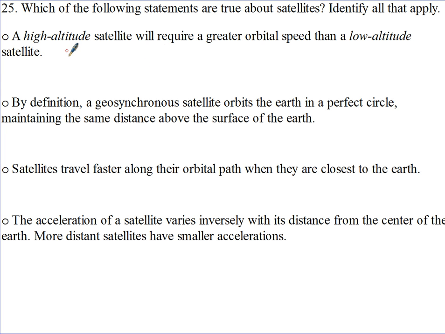A high altitude satellite will require a greater orbital speed than a low altitude. Let's go back to that formula we just had. V is the square root of G, mass of the planet, divided by the radius. Now, r is how far you are from the center of the planet.